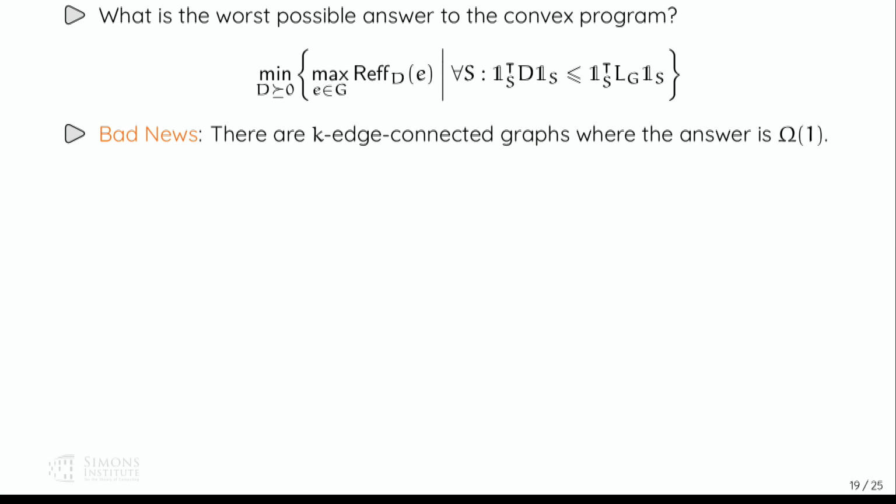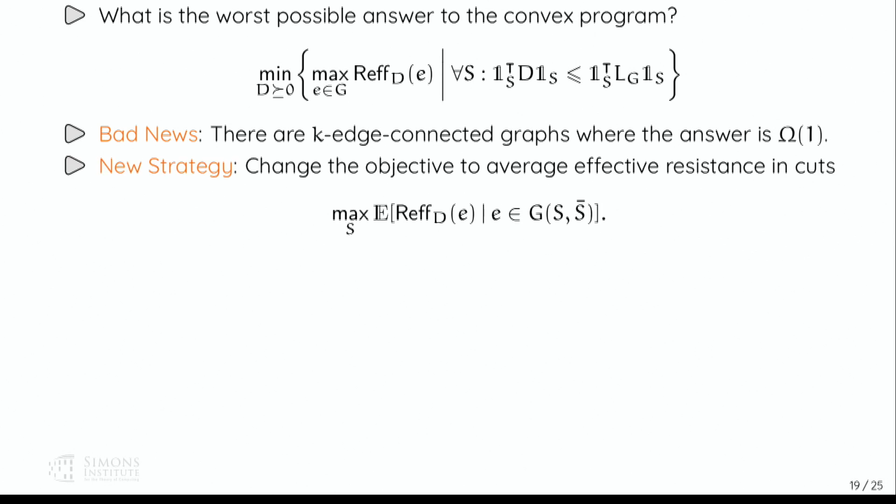There are actually k-edge connected graphs for which the answer to this convex program is basically constant. You can't bring down the effective resistances. So what you can do is relax again, and instead of trying to make sure that the effective resistance of every original edge is small, you can find a k-edge connected subgraph of the original graph whose effective resistances are small.